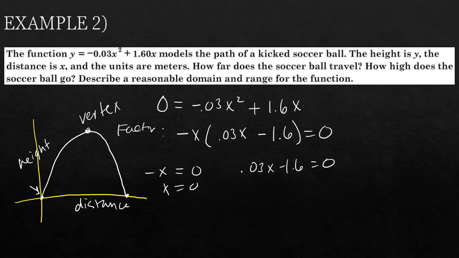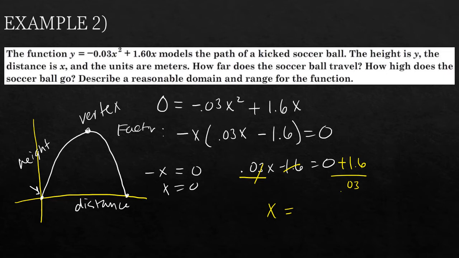And now we're going to do our two-step. So that means adding 1 and 6/10, dividing by 3/100 to get our x values. So we have x equals 1 and 6/10 divided by 3/100.